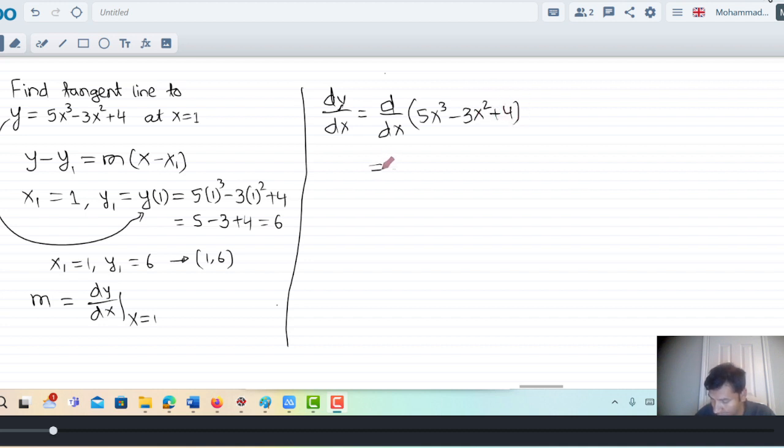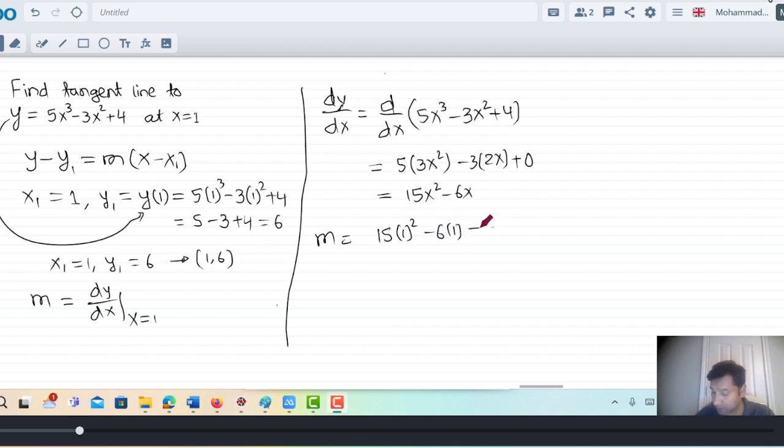We all know the formula for finding the first derivative: 5 times 3x squared minus 3 times 2x plus 0, since the derivative of a constant is 0. So we get 15x squared minus 6x. Now m equals dy/dx at point 1, so it is 15 times 1 squared minus 6 times 1, which is 15 minus 6, that is 9.